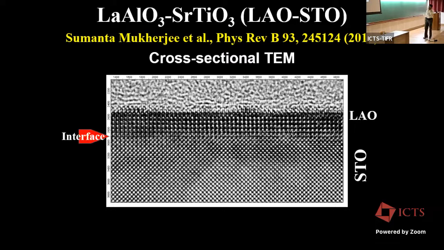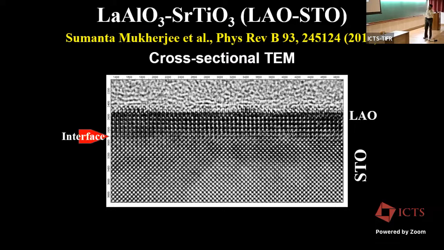Interfaces are typically buried, because an interface by definition, except for the only interface that is not buried, the material-vacuum interface, is buried. And remember, that's another interface, and it is also very important to study because it often changes the properties of the material. At the surface, you have an electronic structure and atomic structure that can be distinctly different from that of the bulk.